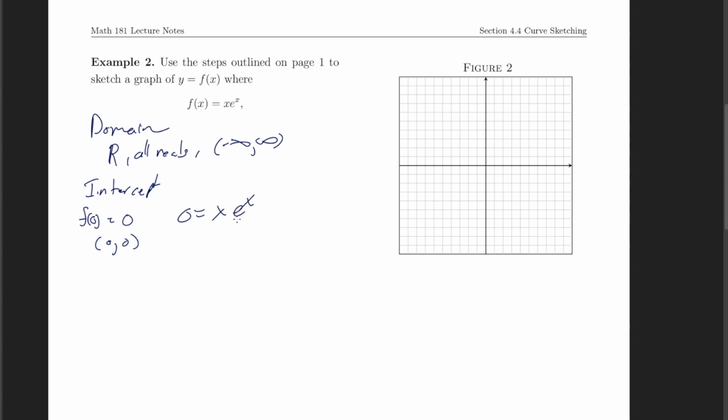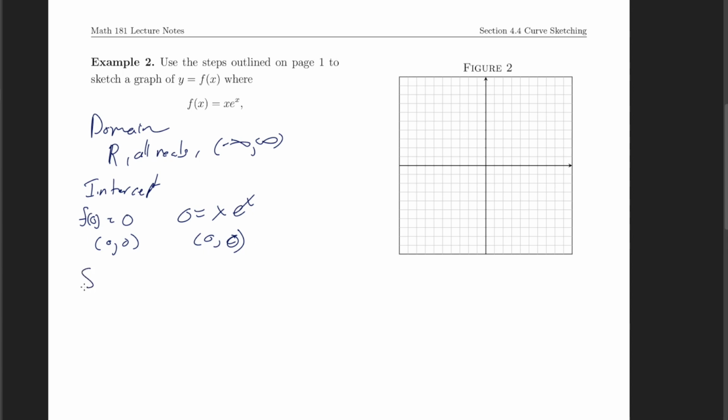So e to the x can't be 0, so x must be 0, so the only solution here again is (0, 0). That gives us both our intercepts. You plug in f of 0 to find your vertical intercept, and you set it equal to 0, and that'll give you your horizontal intercepts.